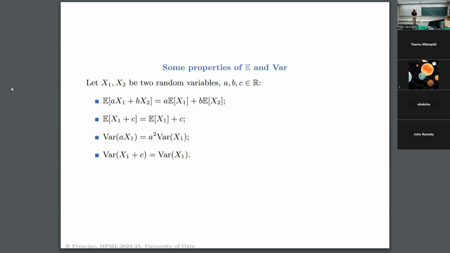The question might be, can I do this? If I have the variance of two random variables, x1 plus x2, can I split it into the sum of the variances?